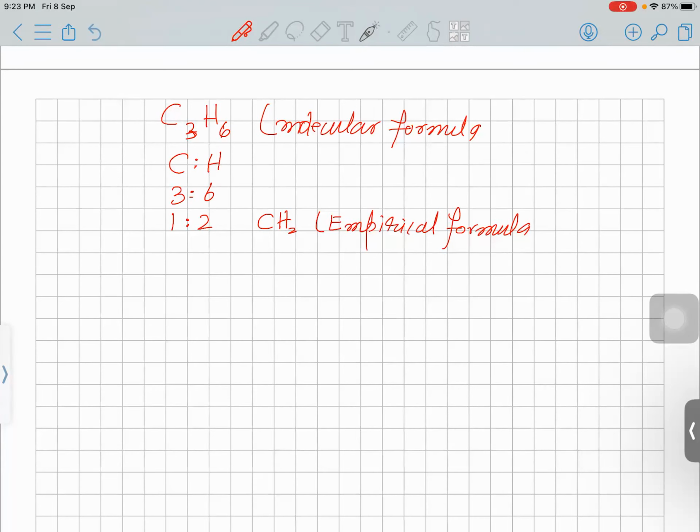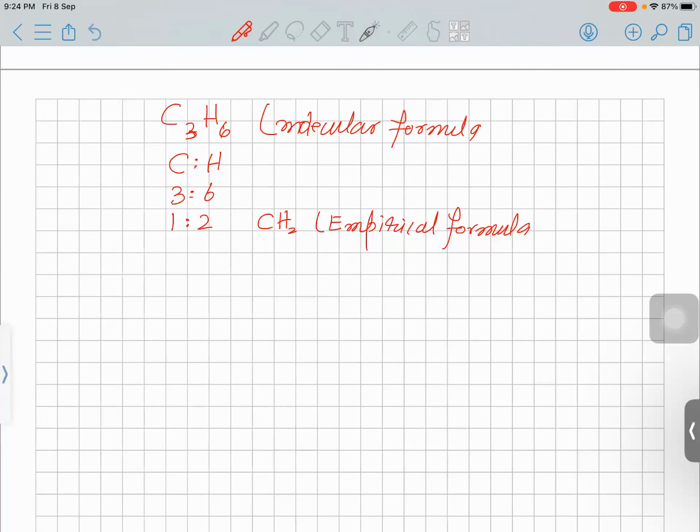Now, can you tell me the difference between molecular formula and empirical formula? Sir, empirical formula is the formula in which we give the atoms in the simplest ratio, but molecular formula is not in the simplest. Okay, very good.